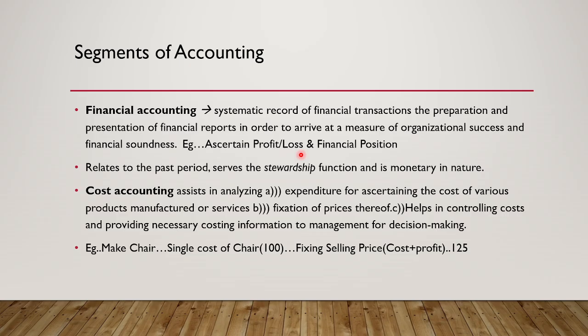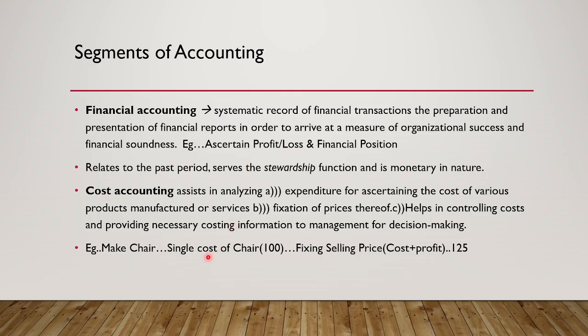At the end, if I prepare the financial accounting and record all the transactions, I will come to know whether I am in profit or loss. If I am not able to sell my chair for more than 100 rupees, it will be a loss, right?